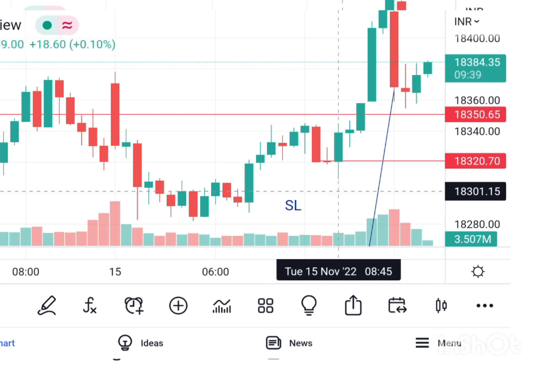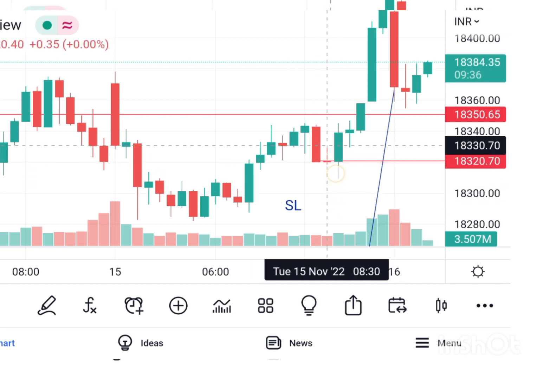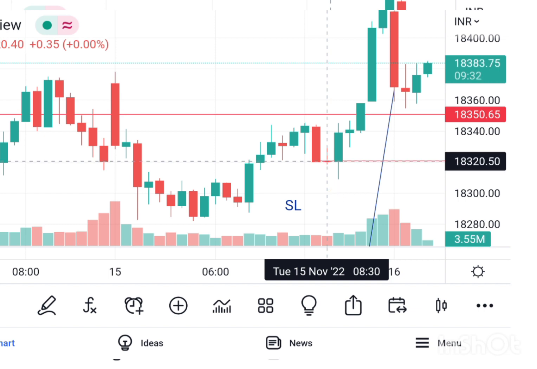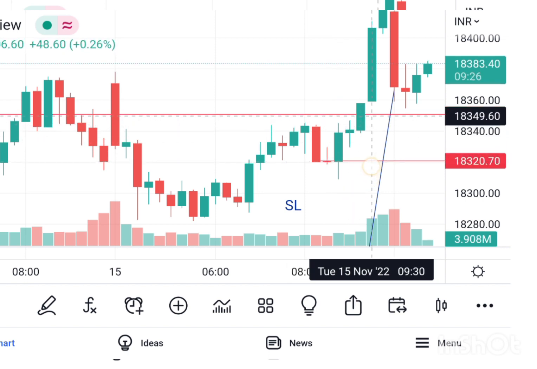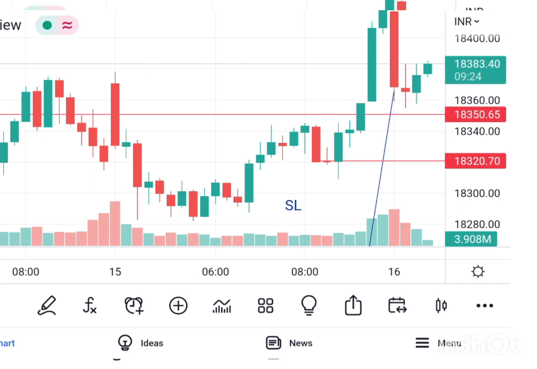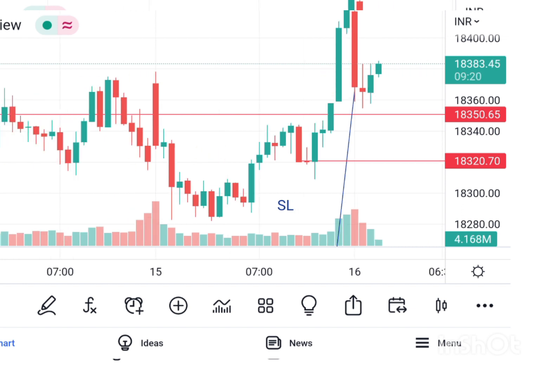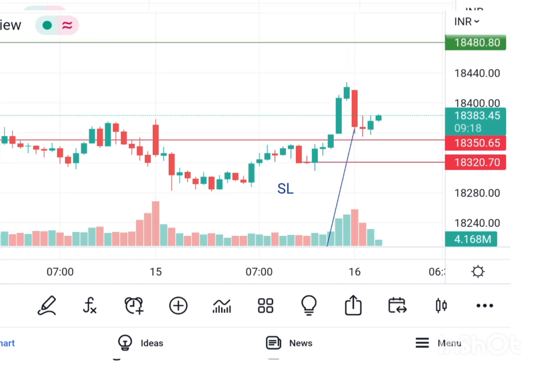So I kept this doji candle as my stop loss here, and in case Nifty goes above, then I'm gonna trail my stop loss to 350. So that is the plan of action.